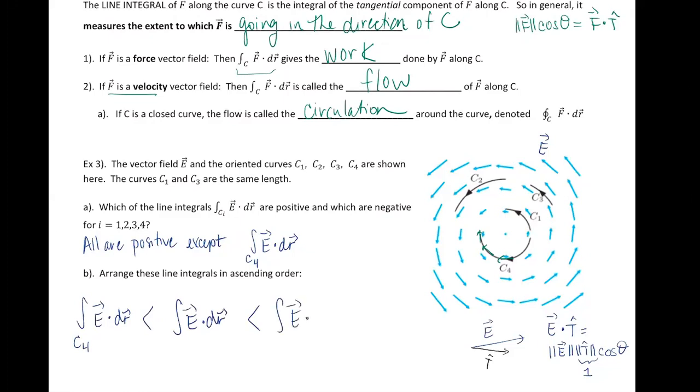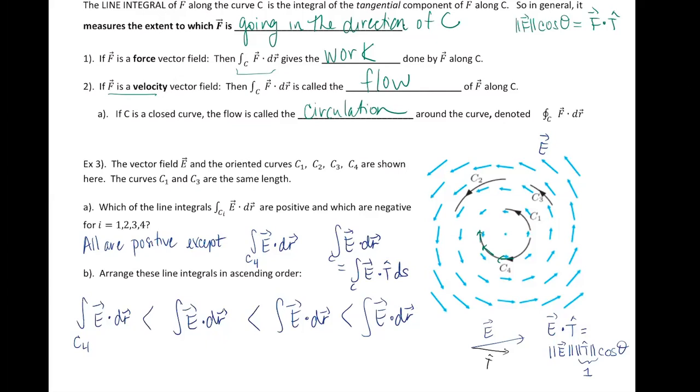Okay, so next, I want you to think about, this is really helping us think about dot products, because as a reminder, E dot dr is the same as the dot product between E and the unit tangent vector. So we're just going to picture what's happening with the dot product between E and the unit tangent vector along different curves. Let's look along C1 versus C3 next.